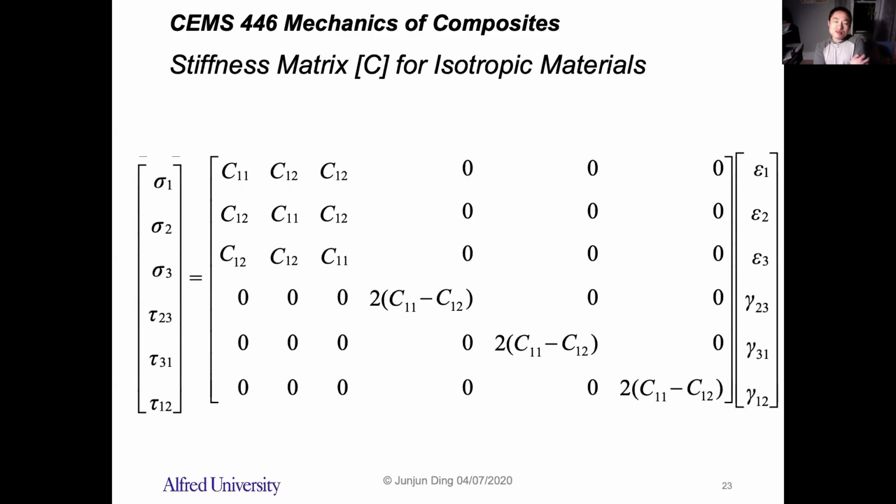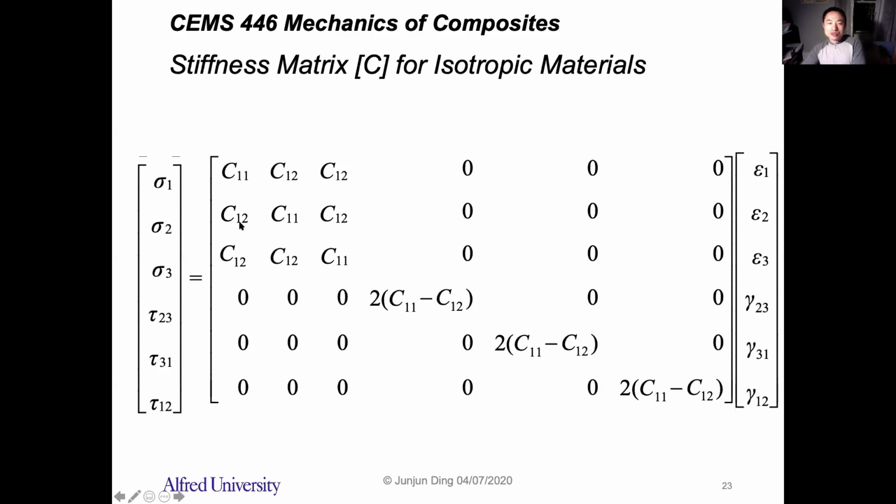For the stiffness matrix, based on that format, you have C11, C22, C33, right? So you also have two different values.